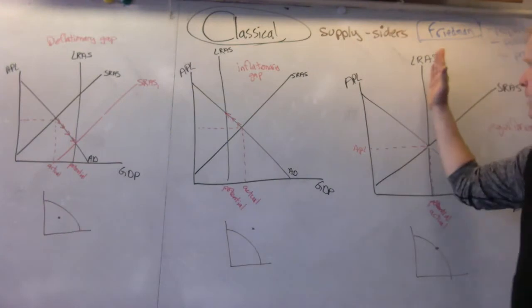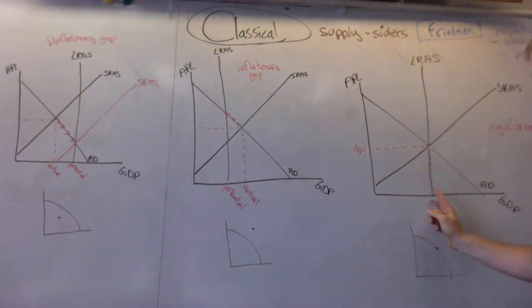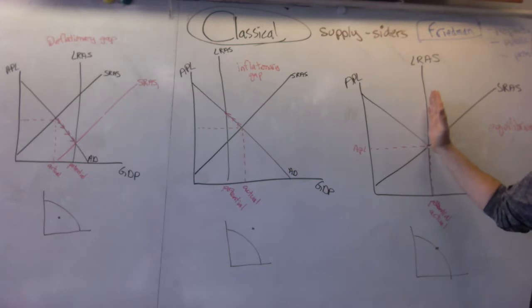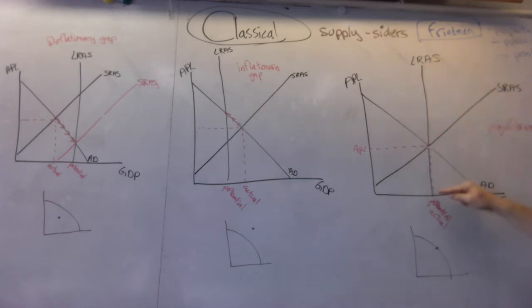Remember, supply-siders believe that in the long run, when all prices in any kind of economy adjust, we will always end up working at full employment. In other words, if every factor of production is put to work to the best of its ability, we'll be at long-run aggregate supply.